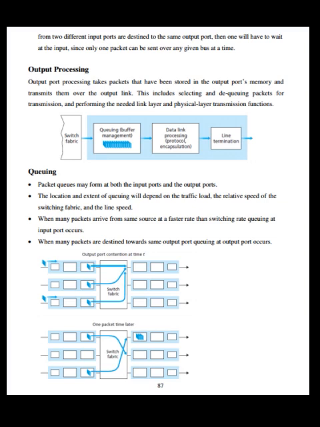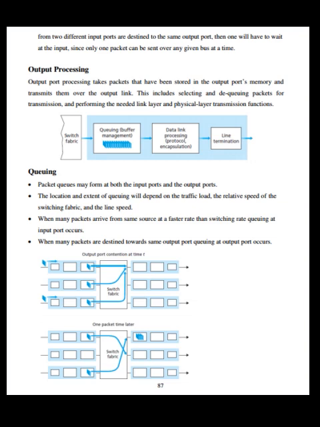Output processing. Output port processing takes packets that have been stored in the output port's memory and transmits them over the output link. This includes selecting and dequeuing packets for transmission and performing the needed link layer and physical layer transmission functions. See the figure.